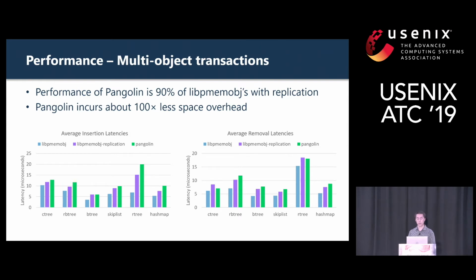In this case, Pangolin pays more for the data movement from PMEM to the micro-buffer than it gains from overwriting a whole object, as the previous slide shows. Considering Pangolin uses much less space overhead for providing fault tolerance, and it provides object checksums to detect hardware-undetectable errors, we consider this a reasonable performance trade-off.